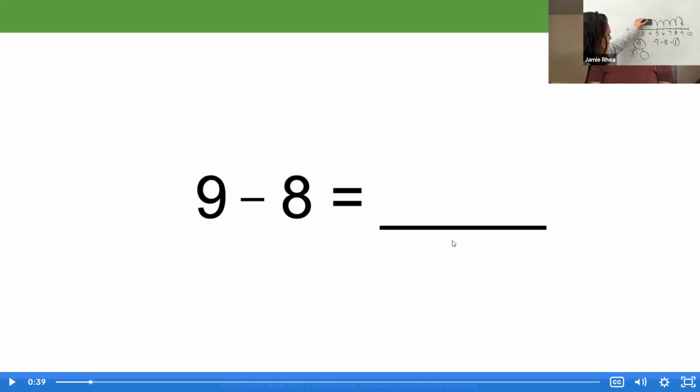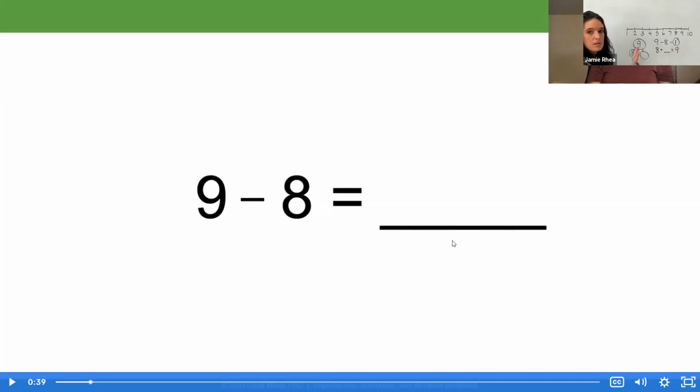Now, I'm going to keep my number path and I'm going to write an addition sentence. Remember, when you write an addition sentence, you start with the part you know. The part I know is 8. 8 plus something equals 9 as my total.